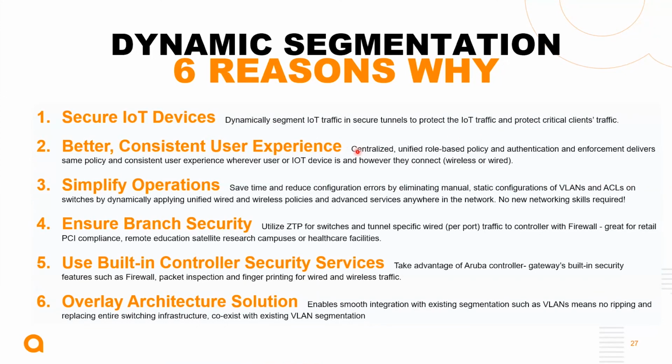Second would be a better, consistent user experience. As mentioned, if you want to move or transfer to any other places in the office, you can have consistent policy, because the role-based policy is in place, and authentication and enforcement deliver the same policy wherever you are.